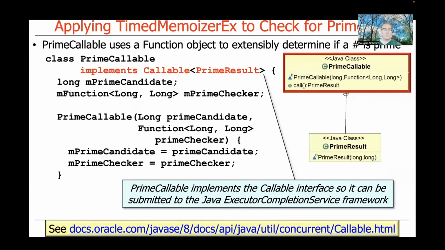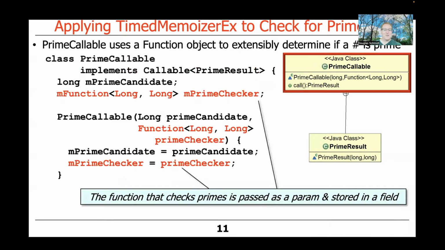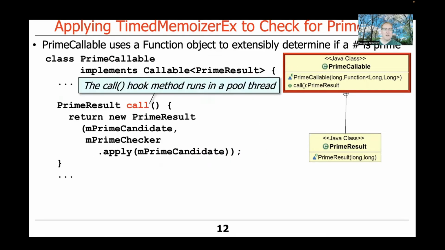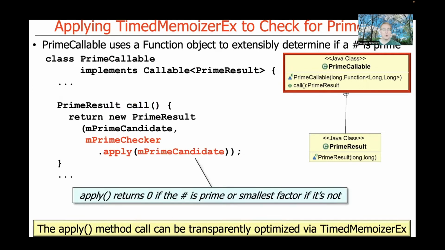Prime callable is basically the same as before. It implements the callable interface, and it keeps track of the prime candidate and the PrimeChecker function, which are passed in as parameters. And then the call hook method, which runs in a thread in the fork join pool, will call the apply method on the PrimeChecker function to compute whether a number is prime.